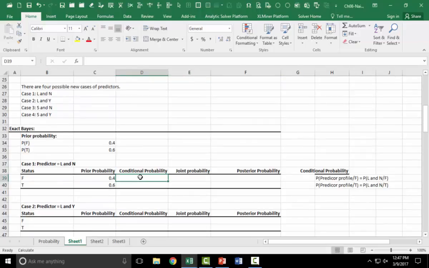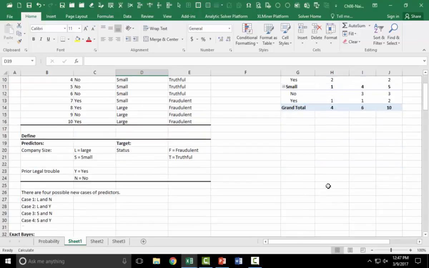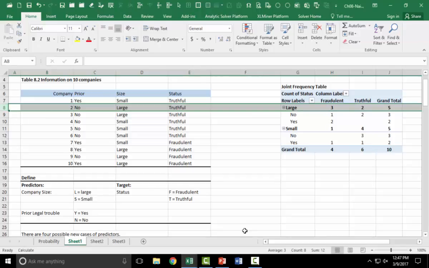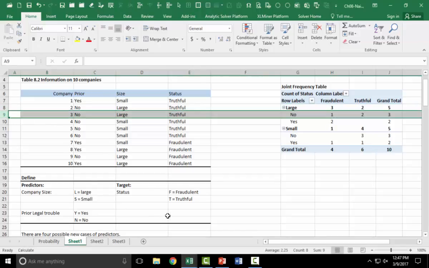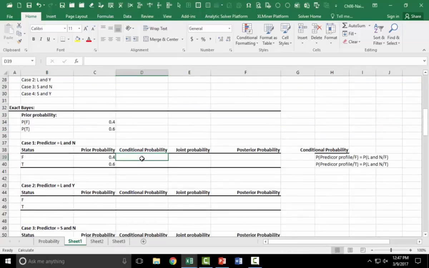But of course, if you have a large database, then you have to use the summarized version of the table, the pivot table. Now you are looking for fraudulent, so it is this column. So now you're going to only look at this column. Out of this column, which is 4, how many are L and N? So it is H9 divided by H14.